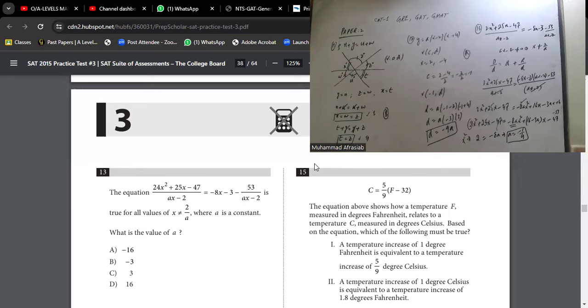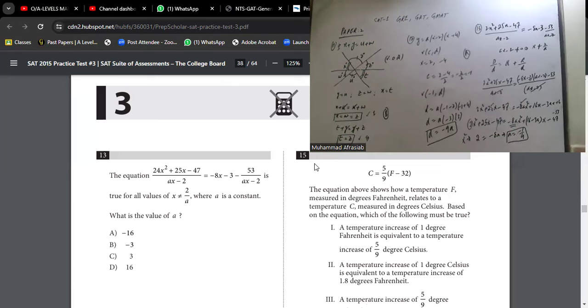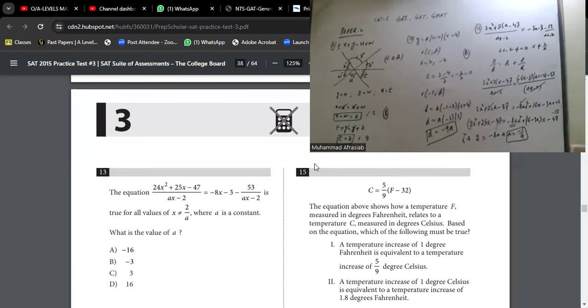And now we have to look at the answers there. So it is 24x².